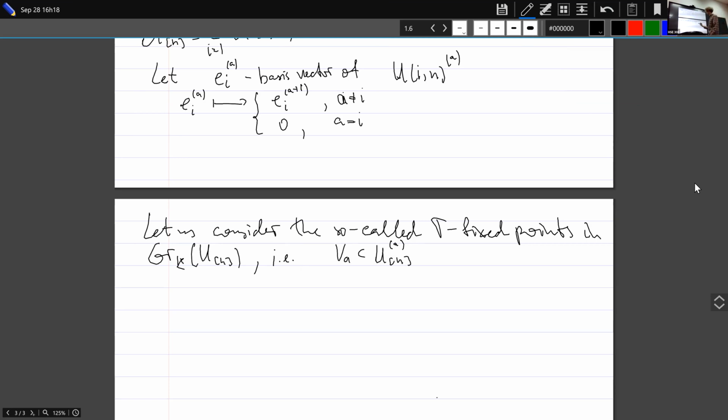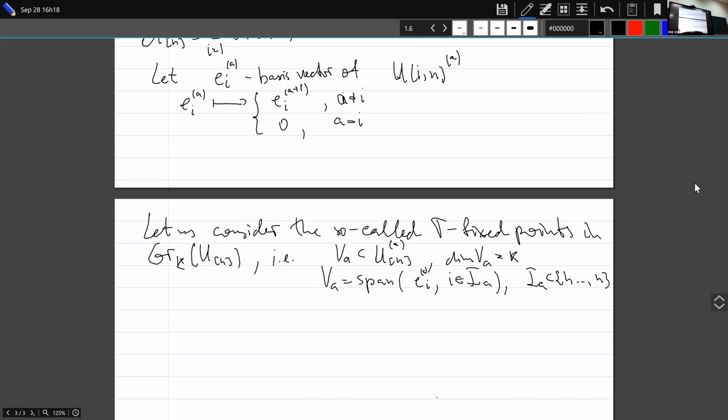So the dimension of V^A should be k. But we say that V^A should be the span of some vectors of the form E_i^A, where i is from I_A, I_A being a subset of the set {1, ..., n}.